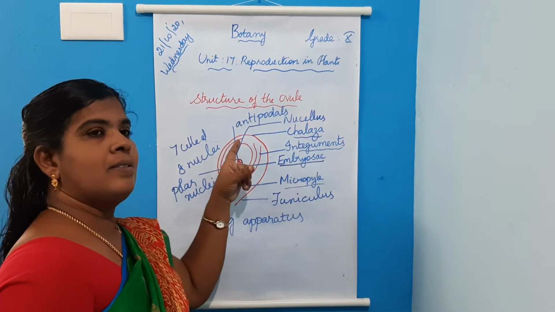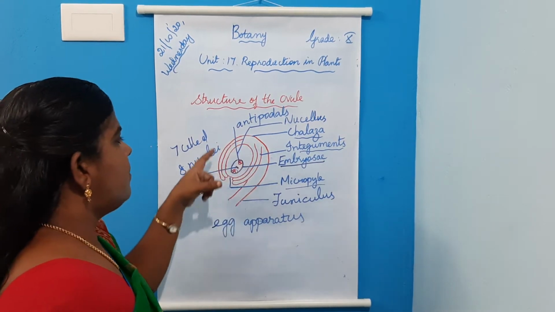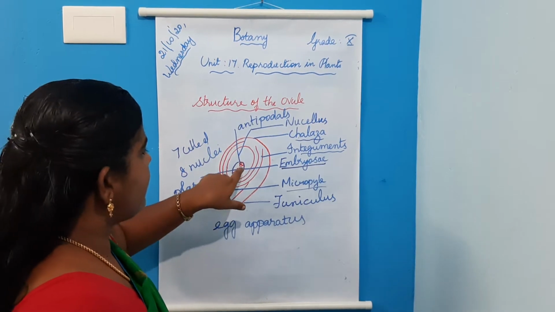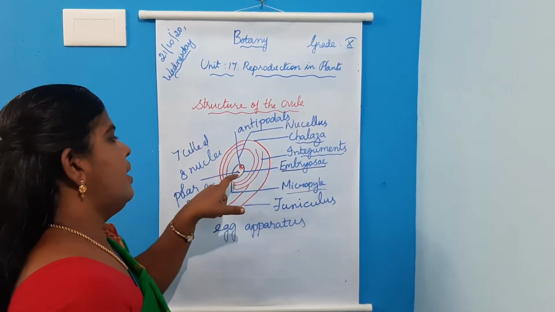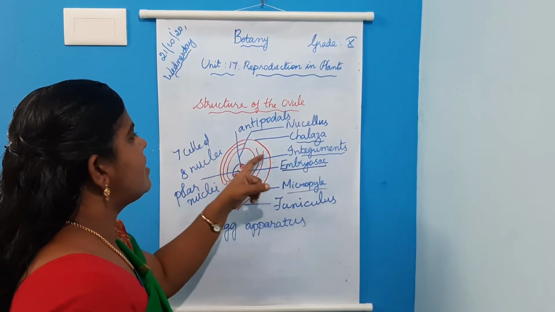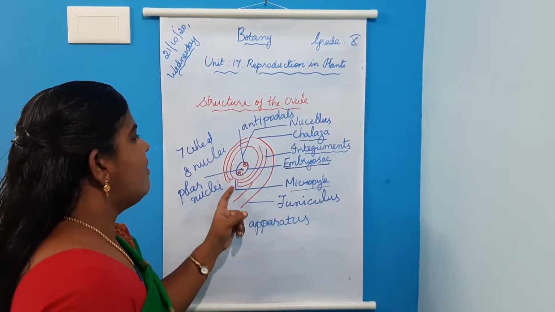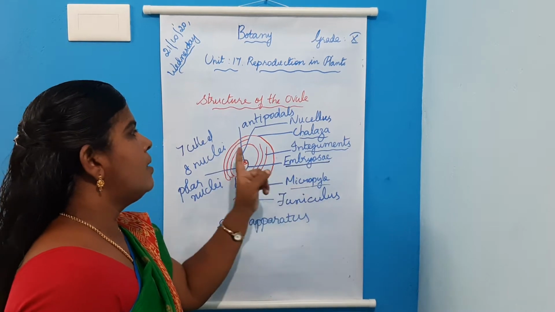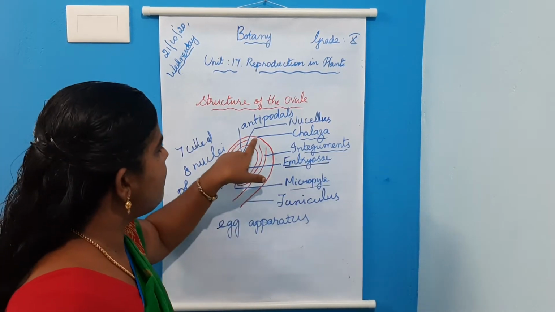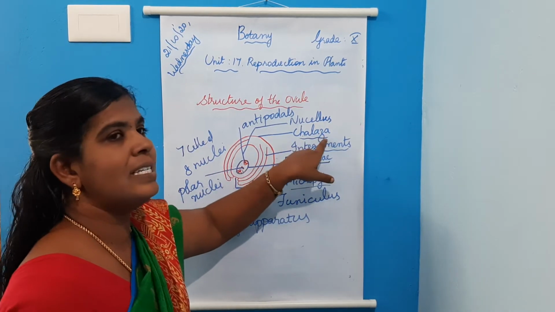So the ovule is the female part of a flower. Inside the ovule there will be the embryo sac. The ovule is covered by 2 integuments, which leave an opening called micropyle. The opposite end, the basal part of the ovule, is called chalaza.